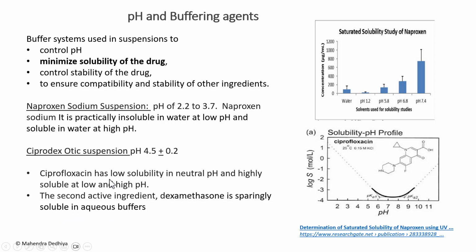So these properties are used, and the otic suspension pH range is 4.5 plus or minus 0.2, where ciprofloxacin solubility is very low in the vehicle, and ciprofloxacin together with dexamethasone can be suspended. So here we see the usefulness of pH and solubility profiles. This type of data, solubility versus pH, is generated in pre-formulation. The data is provided to the formulation scientists, who use it in generating suspensions.